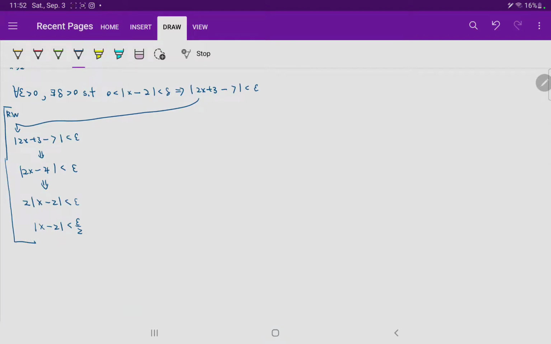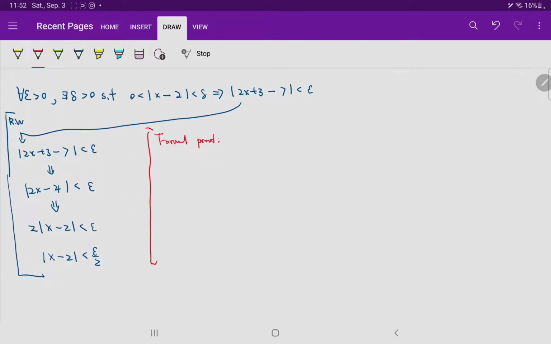Now our formal proof begins. Let's write it in our red pen. When you start a formal proof, you always want to write the thing that you want to show first. So in this case, I want to show for every epsilon bigger than 0, there exists a delta bigger than 0 such that 0 is smaller than the absolute value of x minus 2, smaller than delta, sorry, implies that 2x plus 3 minus 7 is smaller than epsilon.